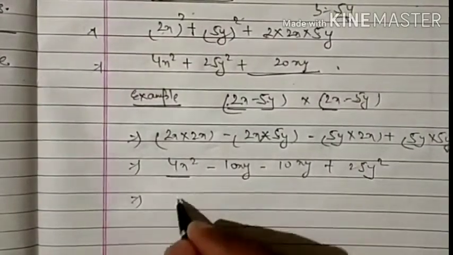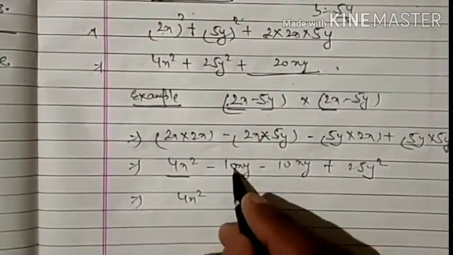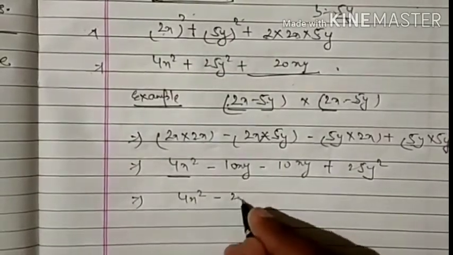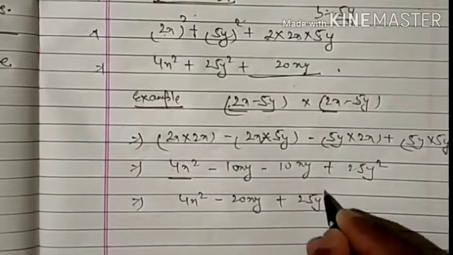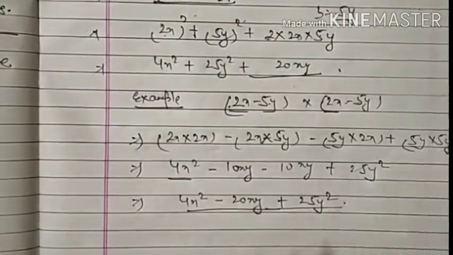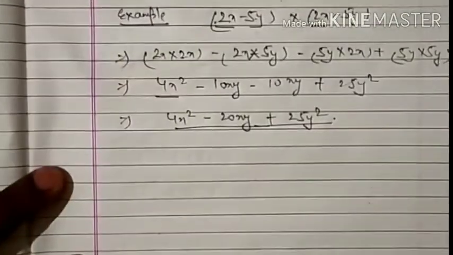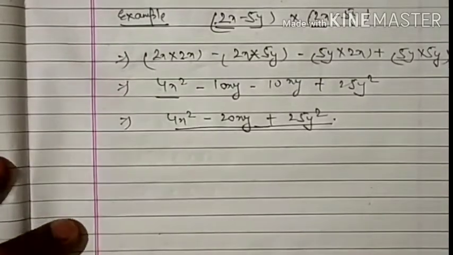What can we write? 4x square minus 10xy minus 10xy, that is minus 20xy, and plus 25y square. This is our result.